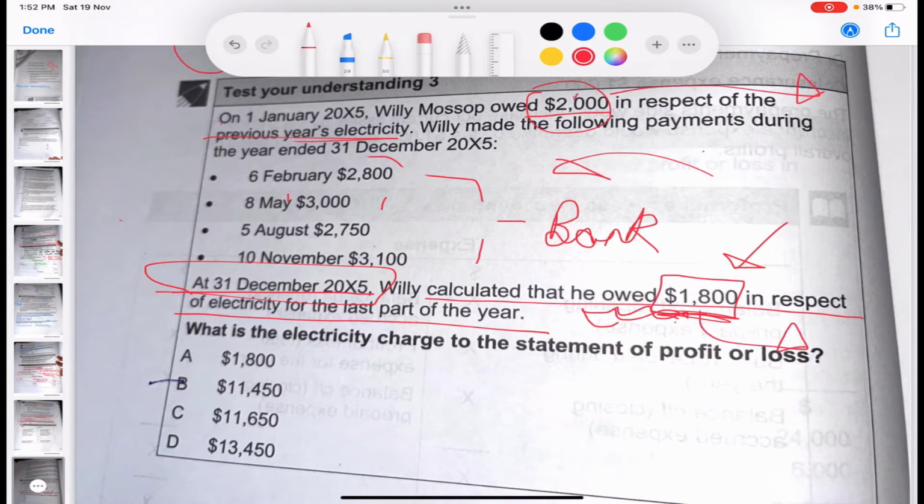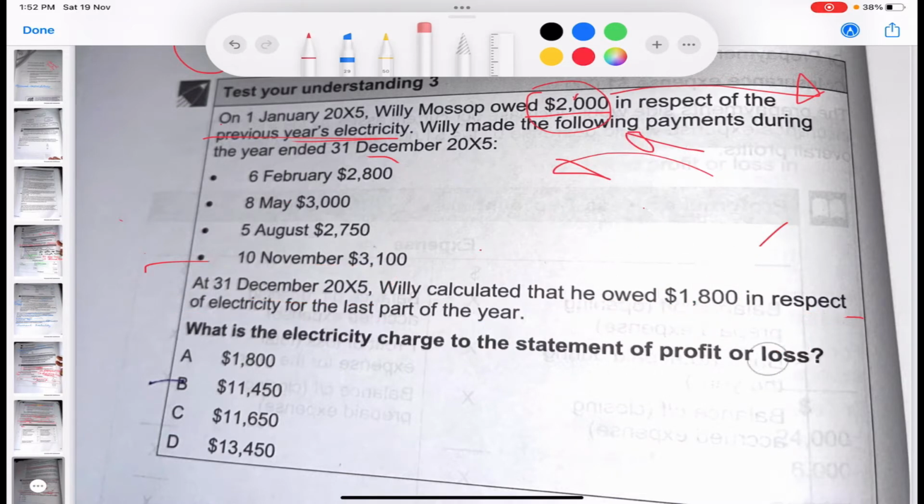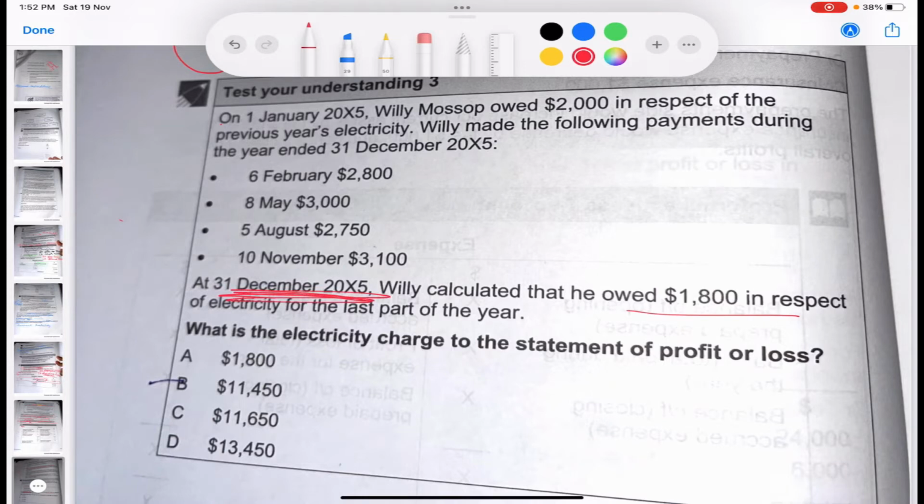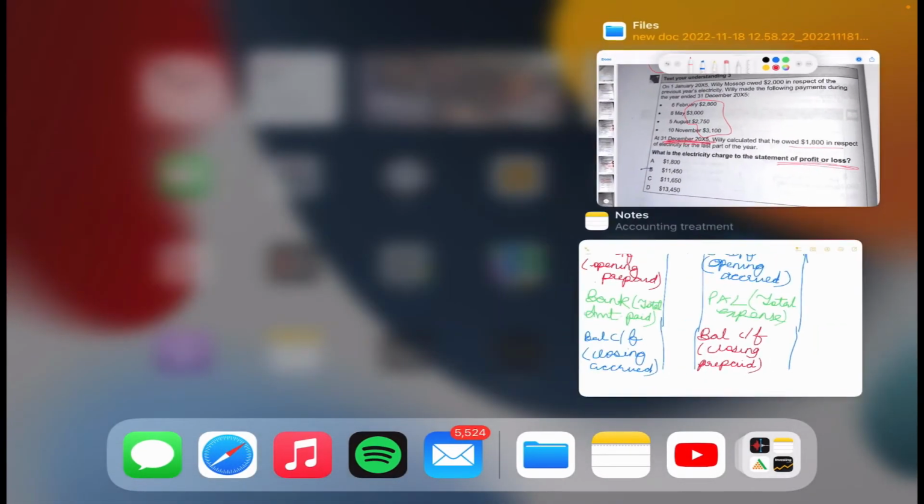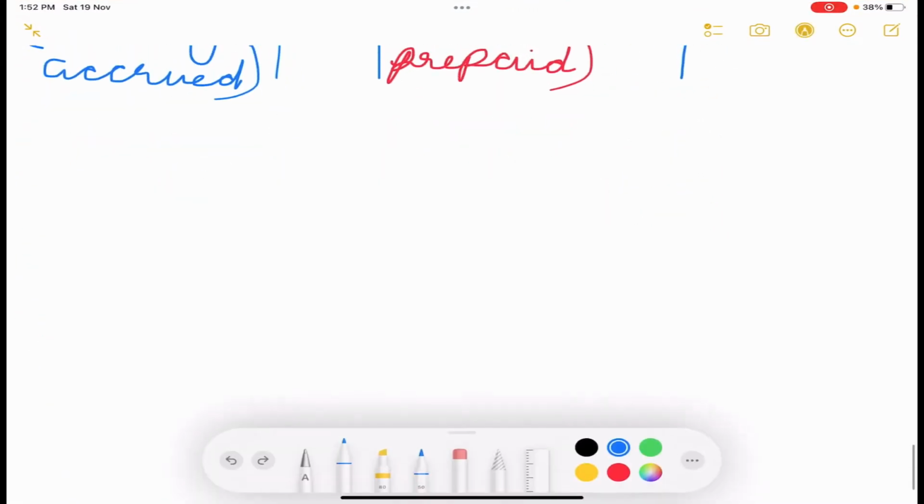But this 2000 is in the beginning of the year, so it is my opening accrual, right? And what about my 1800? This is at 31st December, at the end of the year. So it is my closing accrual. And we know that this is the bank. So we have to find the P&L, which will be a balancing figure. Try solving it by yourself. I will also do it for you.